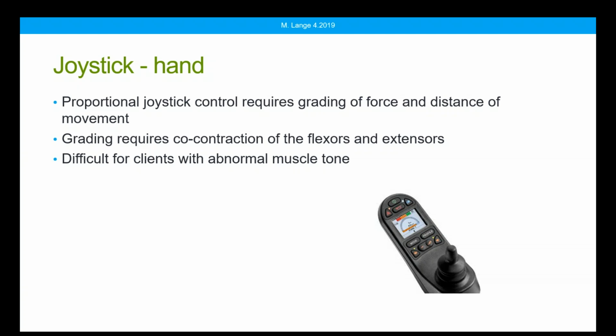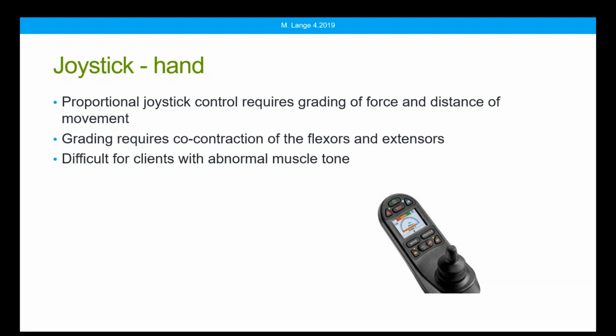Proportional joystick control requires the ability to grade the force and distance of our movement. Well, what does that mean? It means that we have to use something called co-contraction to balance the activity in our flexors and our extensors. And this can be hard for people who have abnormal muscle tone.